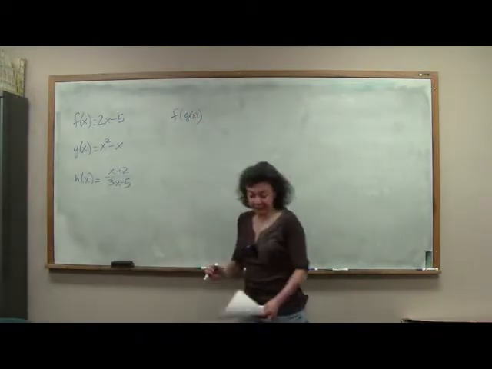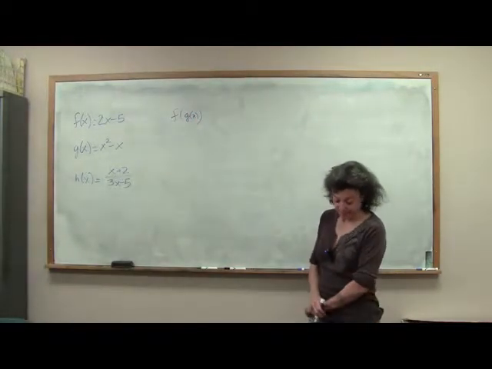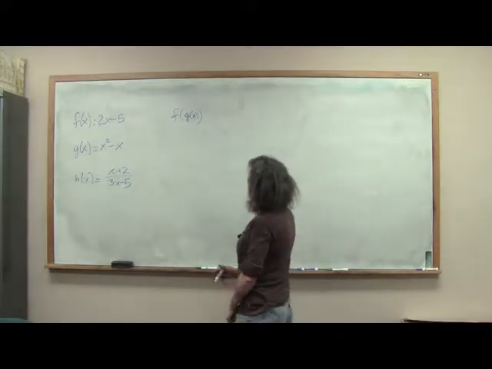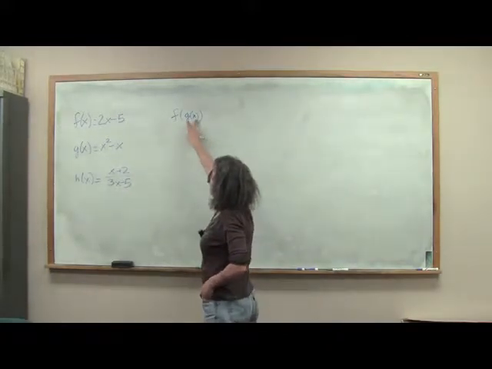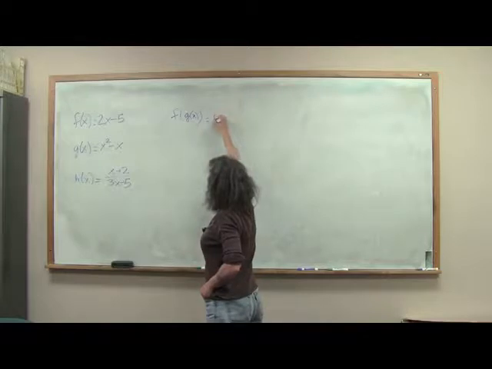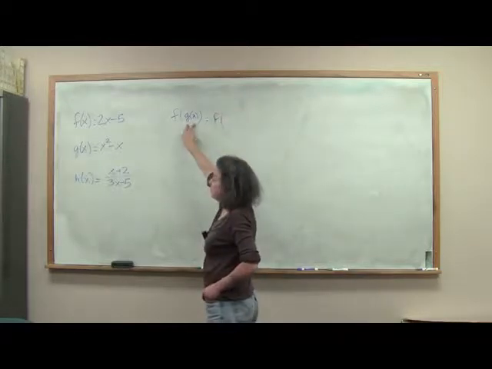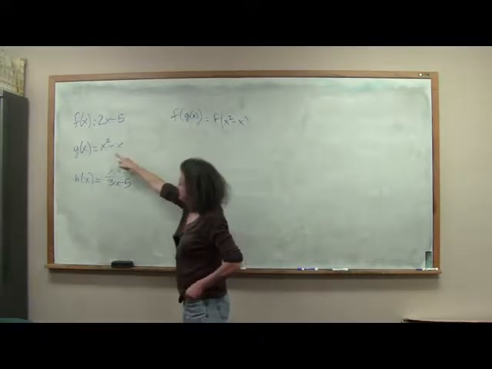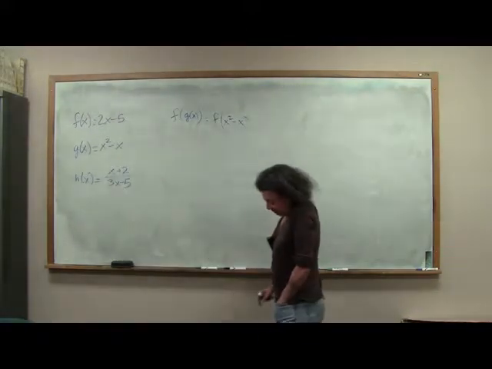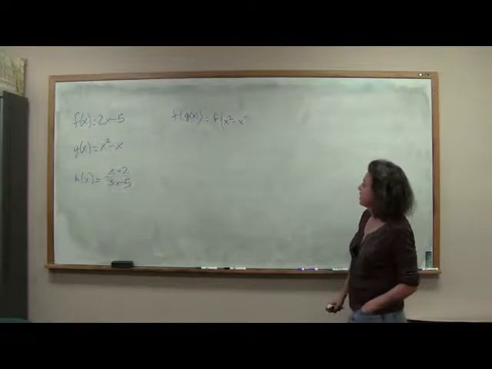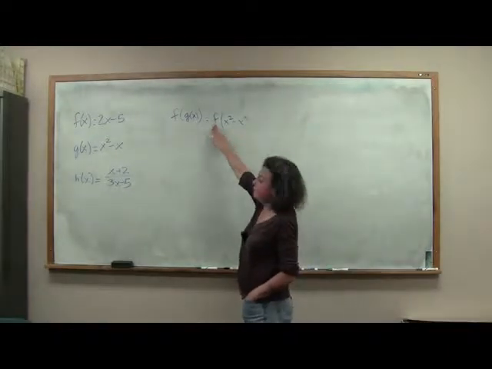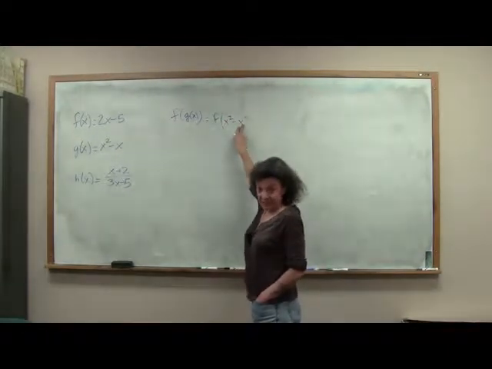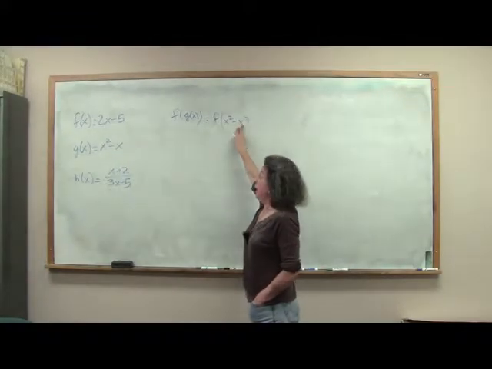First, let's find f of g of x. Remember, what you do is you work inside out. The first thing you do is you write what your function g of x is. In this case, g of x is defined to be x squared minus x. Now, what does it mean to compute f of x squared minus x?